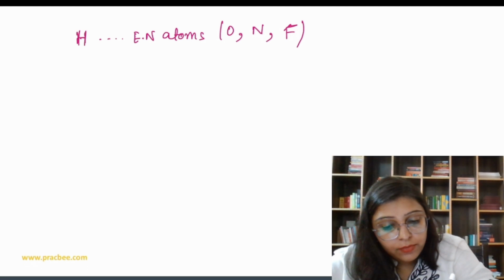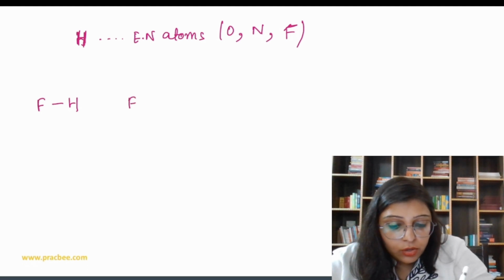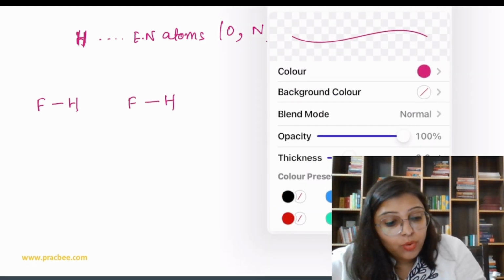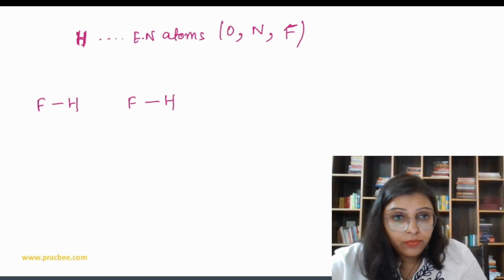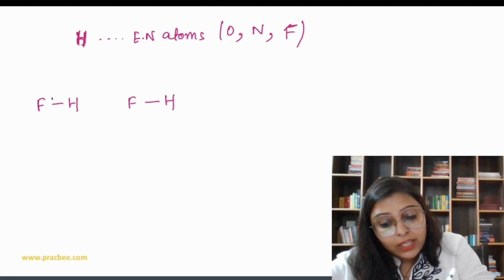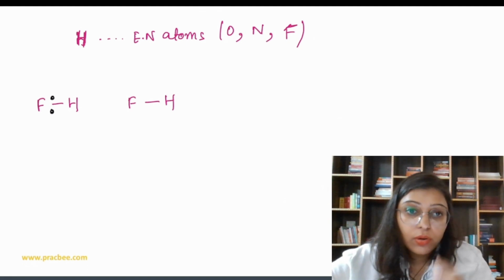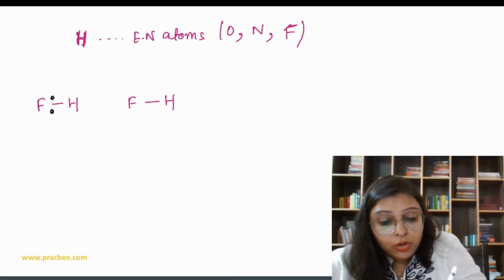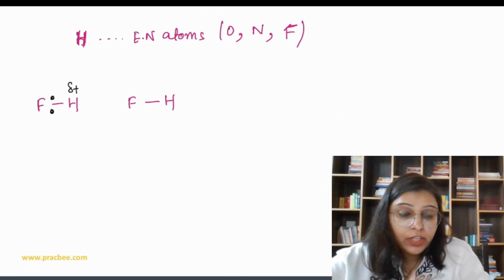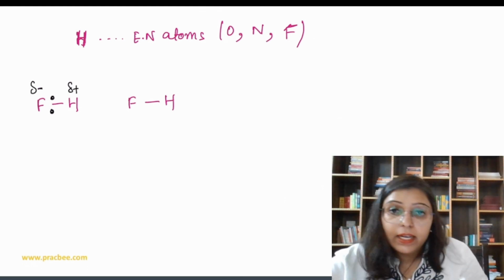If this hydrogen is bonded to a more electronegative atom, that is fluorine, the most electronegative element in the periodic table, the electrons are closer to the fluorine side. Due to which this hydrogen becomes electron deficient and carries a partial positive charge, and fluorine carries a partial negative charge.